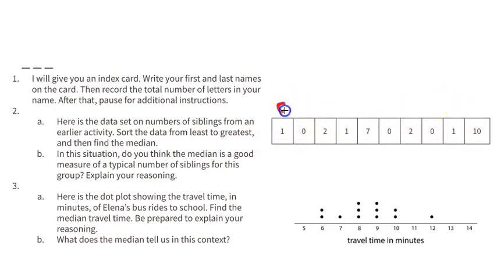So I'm going to have 0. All right, I got 3 zeros. I got a 1. There's my other 1. There's a 1. I have 2 2s, a 7, and a 10. So our median is going to be the number that's in the middle.